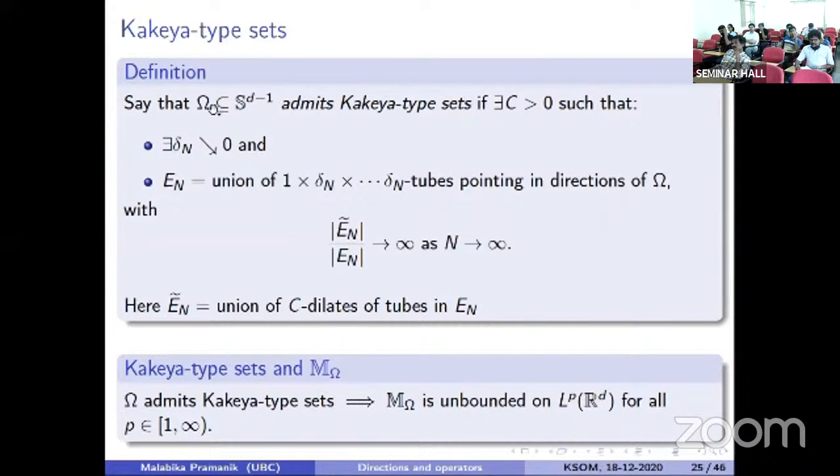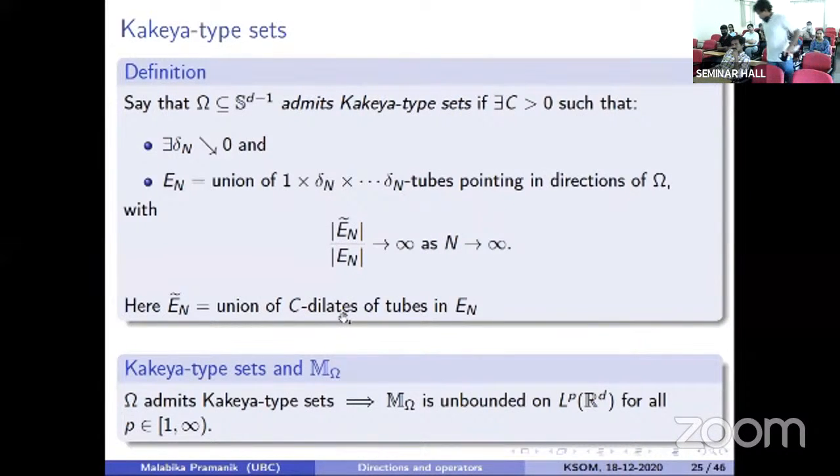We say that a direction set omega admits Kakeya type sets if one can find a sequence of delta going to 0 and a collection of delta tubes pointing in the directions of omega such that the ratio of the measures E tilde over E goes to infinity as delta goes to 0. Here, E denotes the union of the delta tubes and E tilde denotes the union of their C-fold dilates.